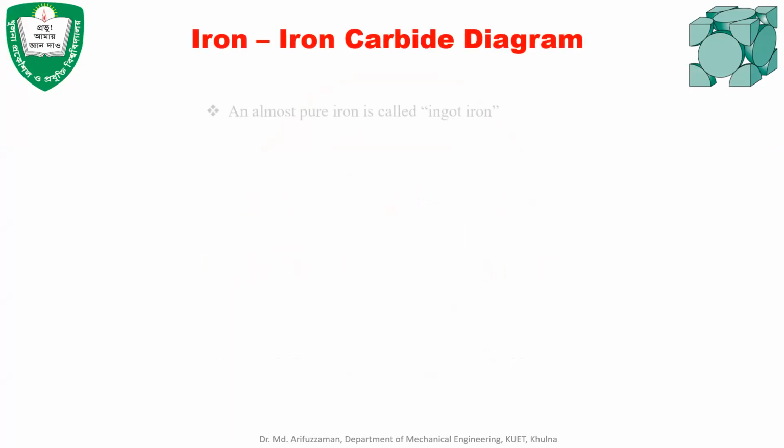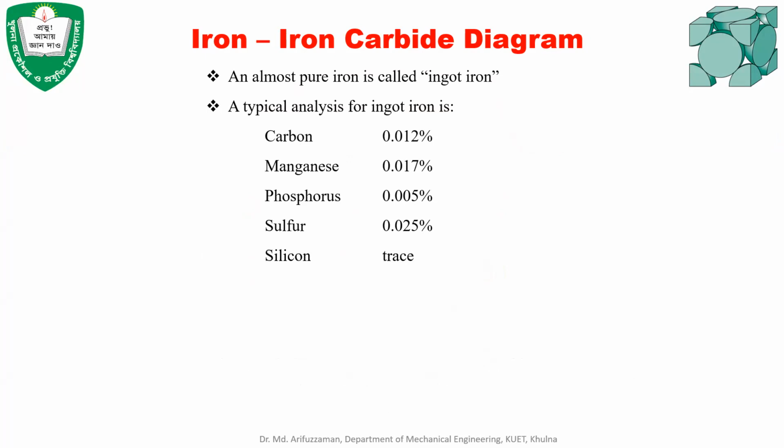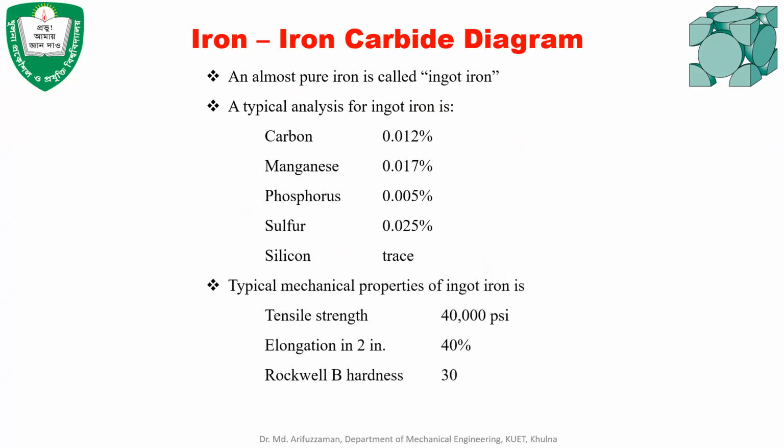So for the iron-iron carbide diagram, before we go to that, let's clear a few things about iron. Almost pure iron is usually called ingot iron, which has a chemical composition of carbon 0.012%, and there are some other elements too, like manganese, phosphorus, sulfur, silicon, etc. But in very small amounts, like 0.017%, which is very small, and that is why it's called pure iron.